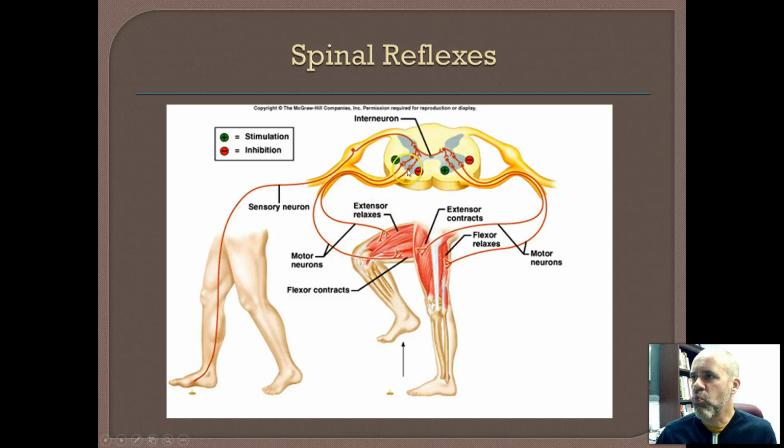Okay, so does that make sense? If you need to bend your knee, you need to stimulate your knee flexors, you need to extend, I'm sorry, you need to inhibit your extensor muscles. Remember, your quads are your extensors, and your hamstrings are involved in flexion.